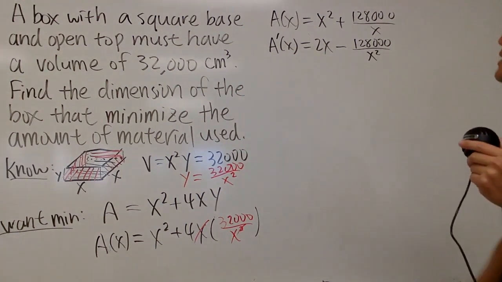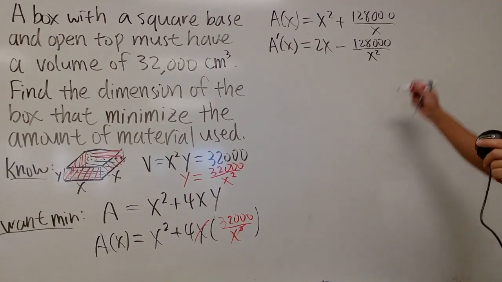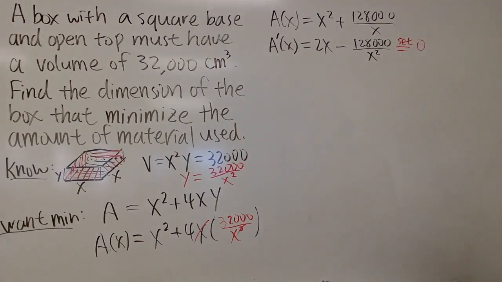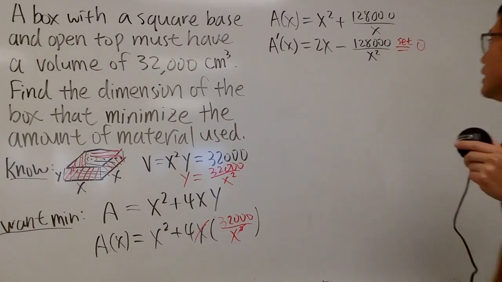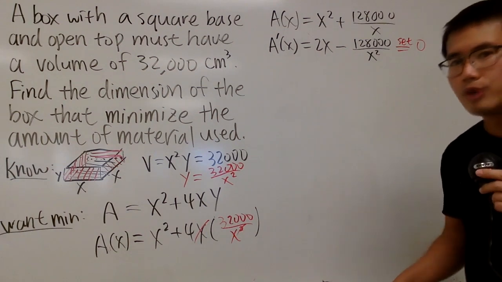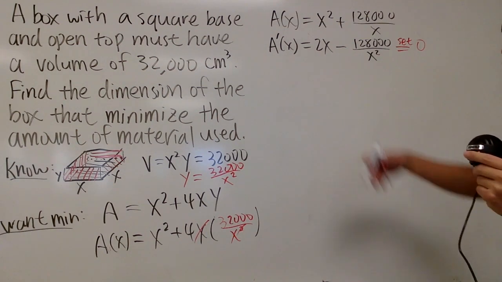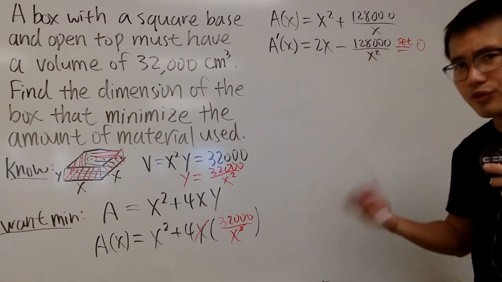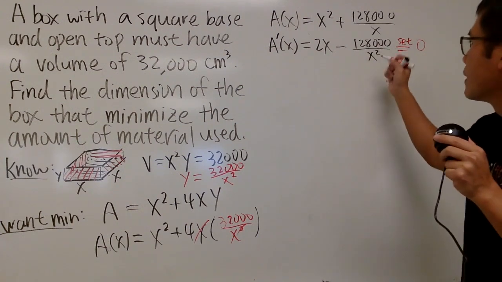So that's our derivative. And then, as usual, we are going to set this to be 0 and solve. This time, though, it might be slightly trickier to see how we should solve for x. But as usual, we should try to combine and factor.